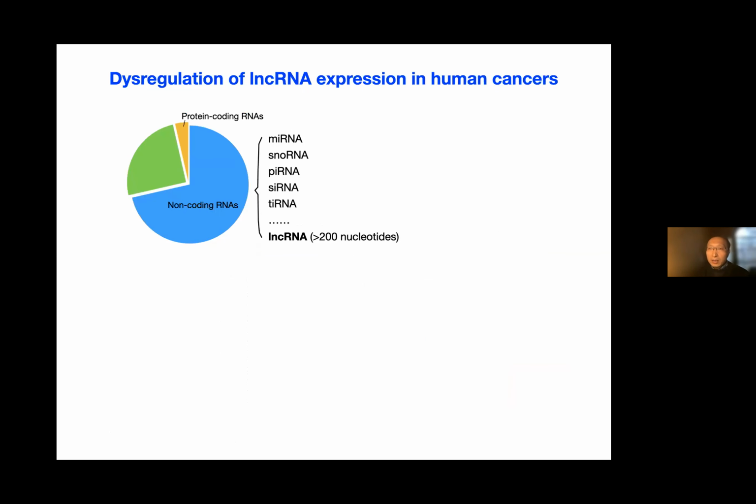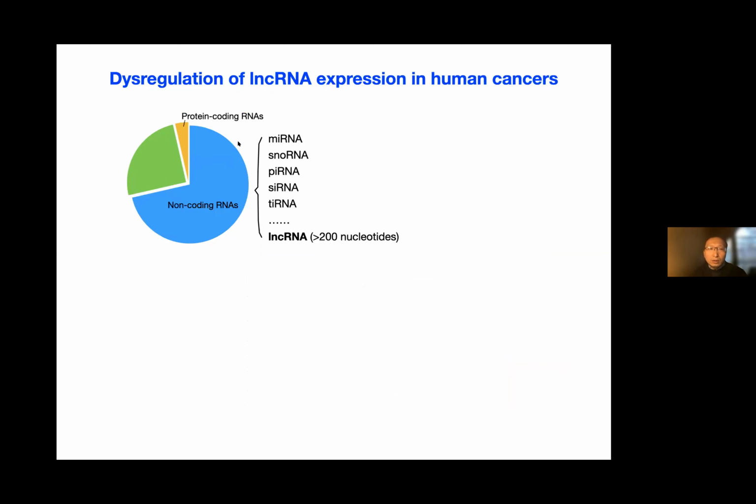So now in the next few minutes, I'm going to talk about the HIF downstream target genes. We know that HIF controls many downstream protein-coding RNAs, which are involved in cancer biology, as I mentioned.